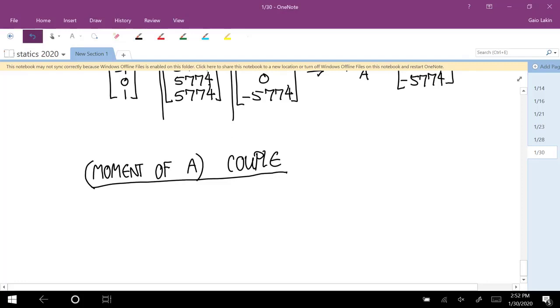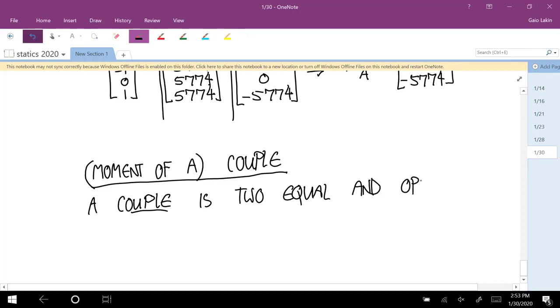And a couple is two equal and opposite forces acting at a distance.